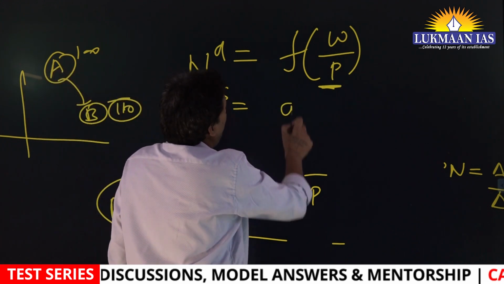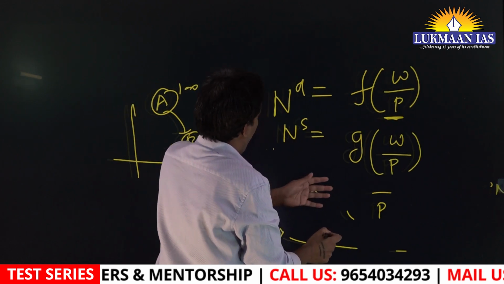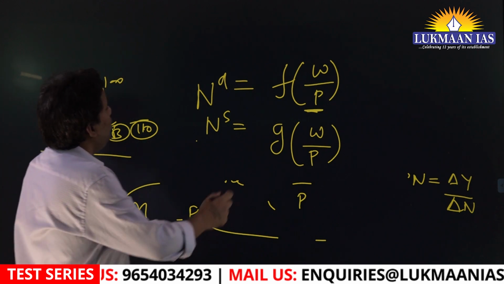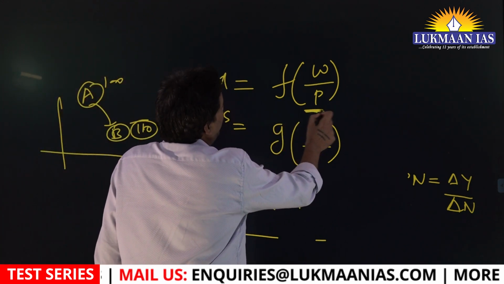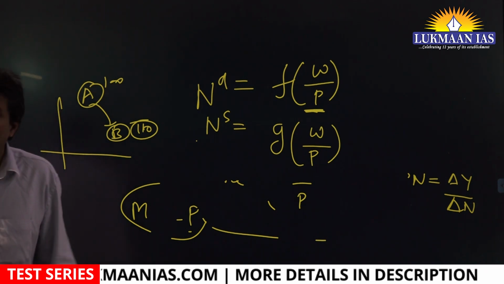And your labor supply formula will be given by W upon P, right? See what this means. What does this negative mean? If the real wages reduce, labor demand will reduce.